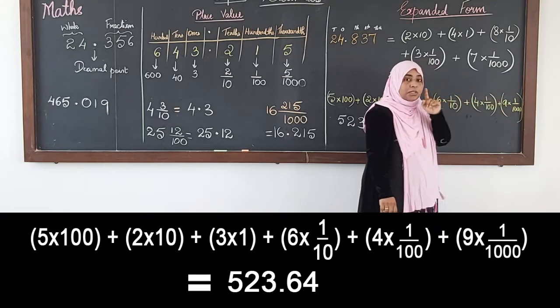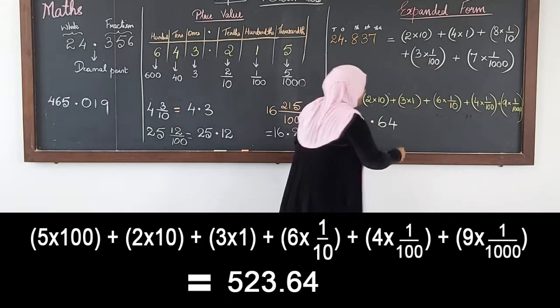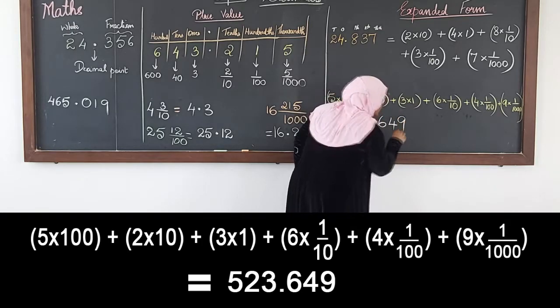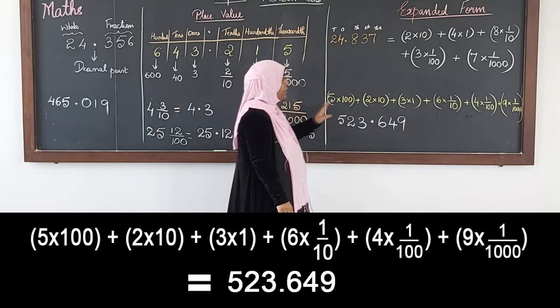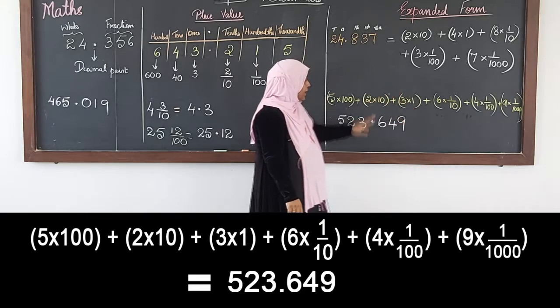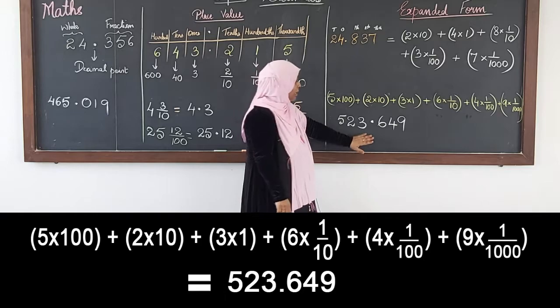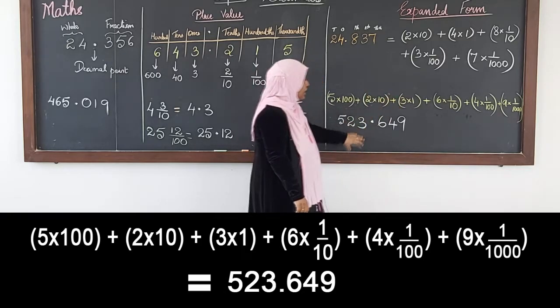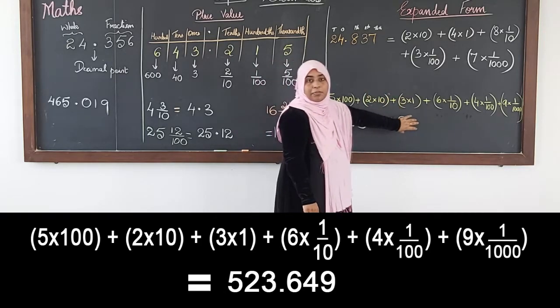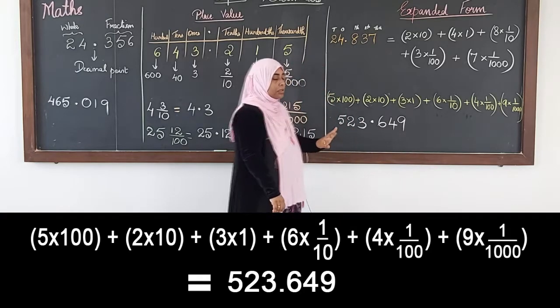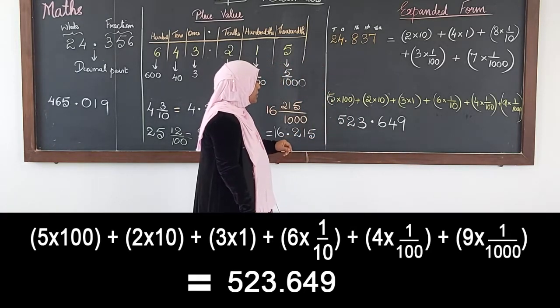That means in my 1000th place the digit that I have to write is 9. So when we are writing an expanded form into a standard decimal form, we have to be very careful what number will come in the whole number and what digits we have to write in the fractional part.